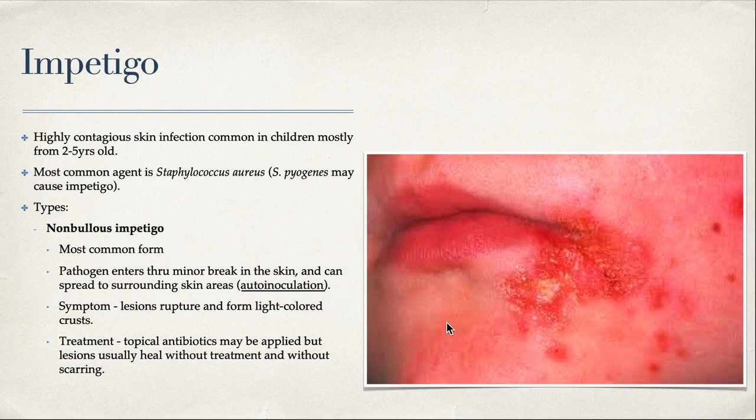Because it's highly contagious, if there's an outbreak with one or two people having it, it's very easy for it to spread amongst all the kids in the care center. There are mainly two types of impetigo. So you have the non-bullous impetigo.